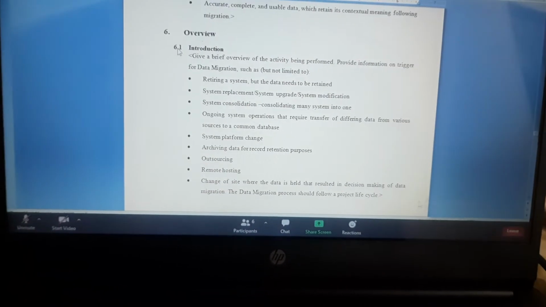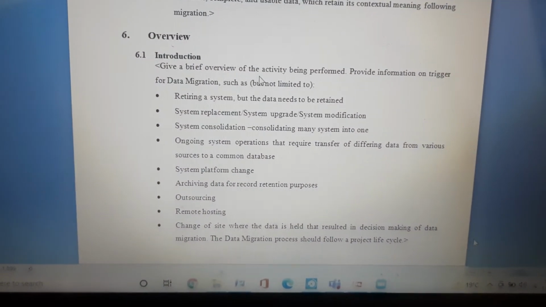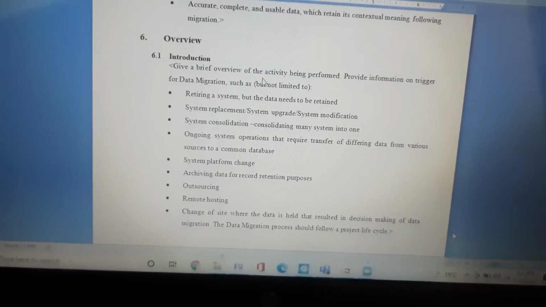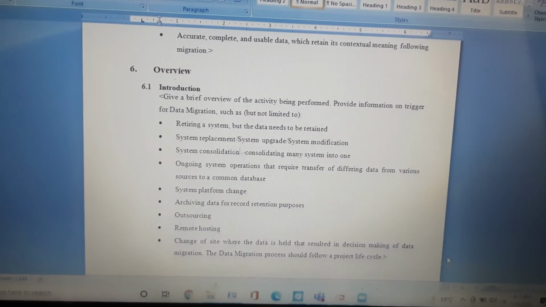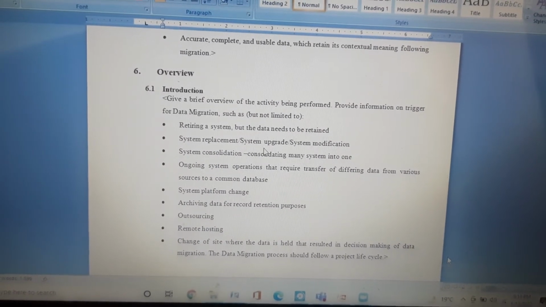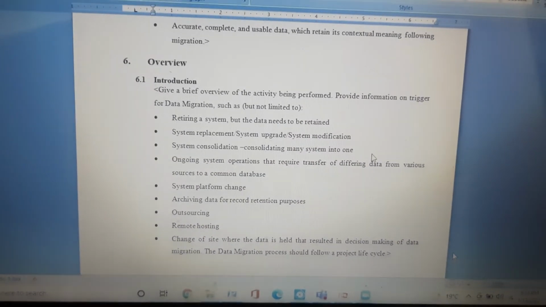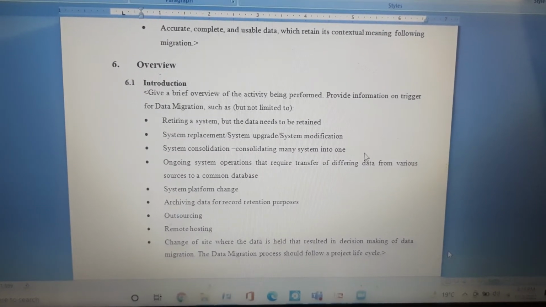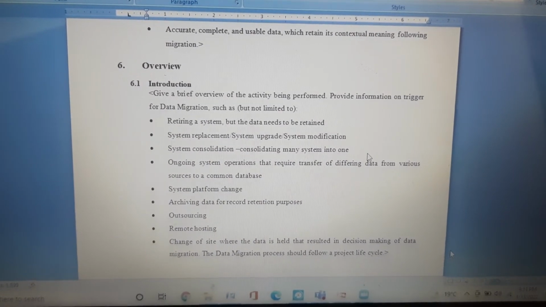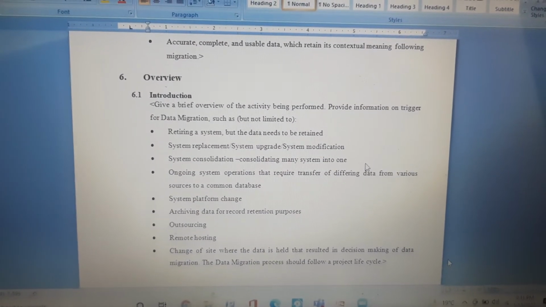Then mention the introduction: provide a brief introduction and the reasons for the data migration activities, maybe because of retirement of the systems, replacement of the systems, or system consolidation, where many systems are consolidated into one system. We have multiple systems, we are going to retire all of them and install only a single system.